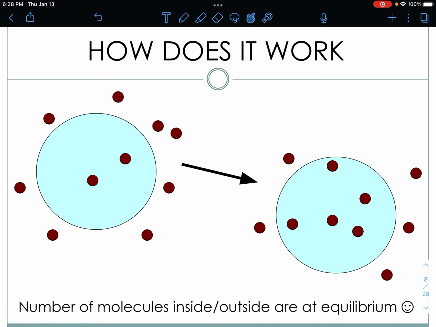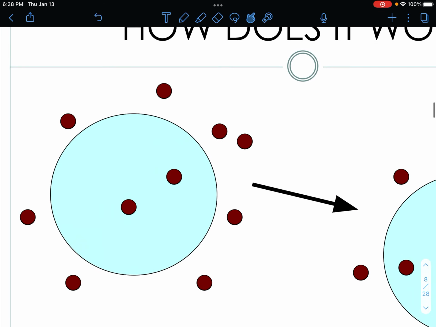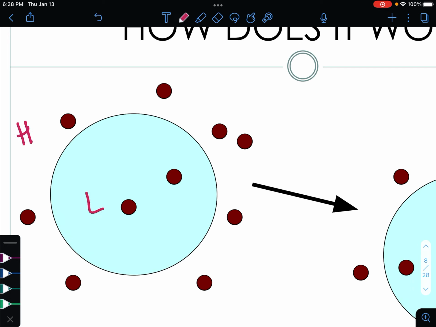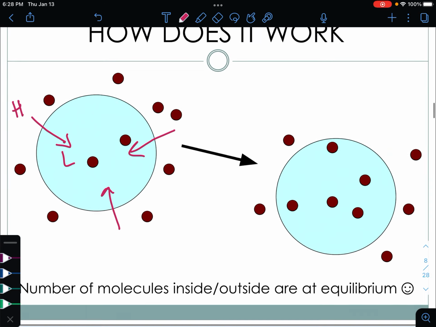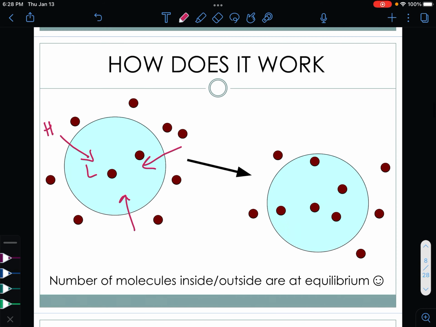So how does it work, right? If we pretend that this blue circle is our cell, right, we can see that there are more molecules on the outside. So if we're moving, remember, from high to low, our molecules are going to move in to the cell. And then once we reach equilibrium, it will look more like this cell right here.